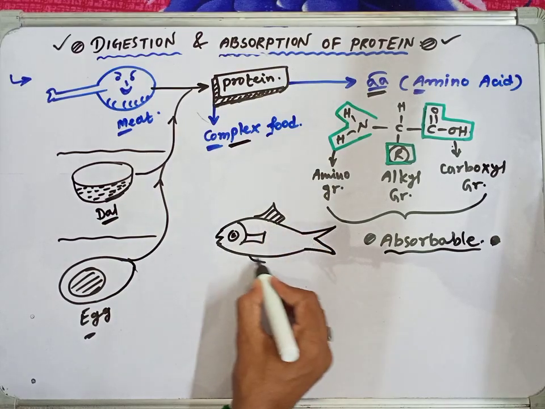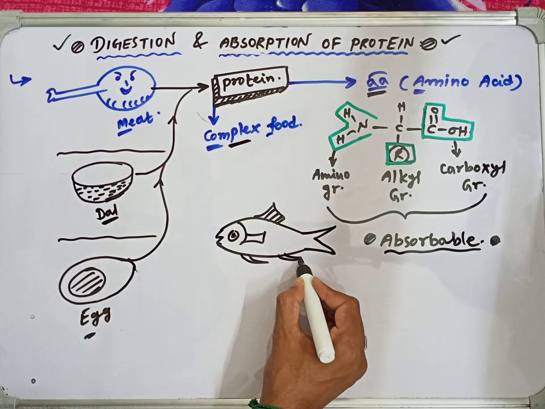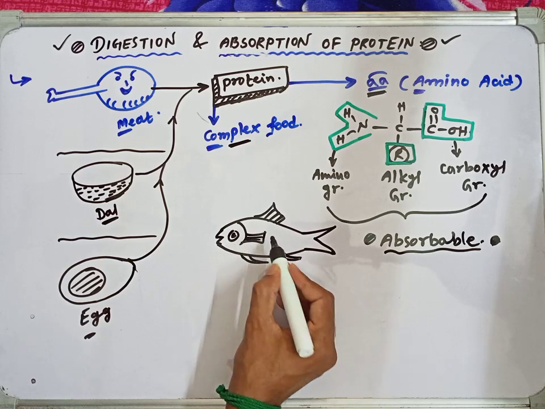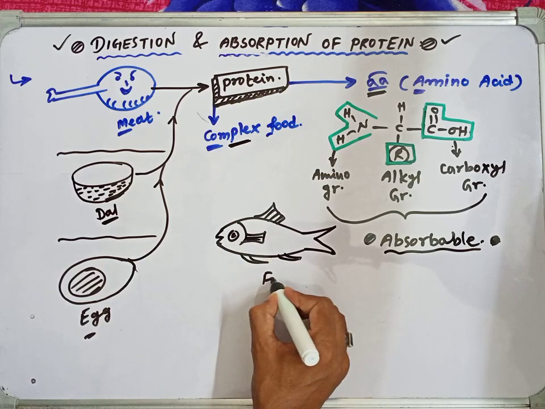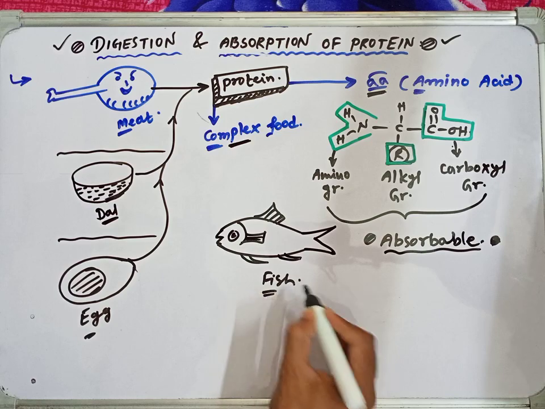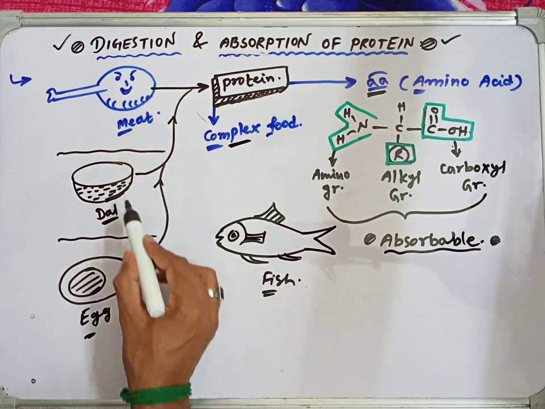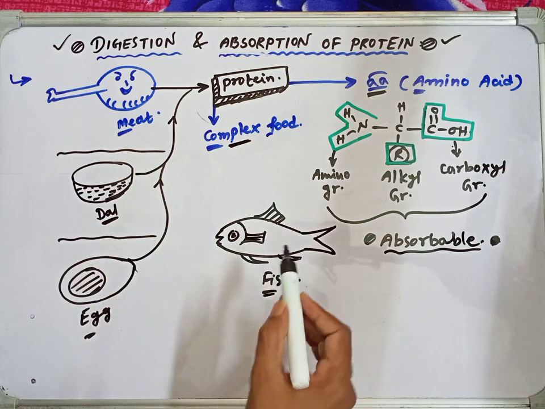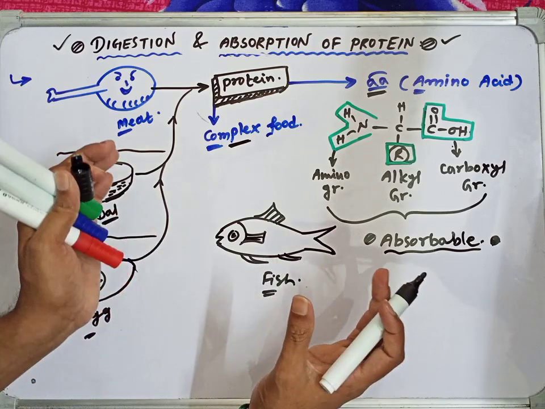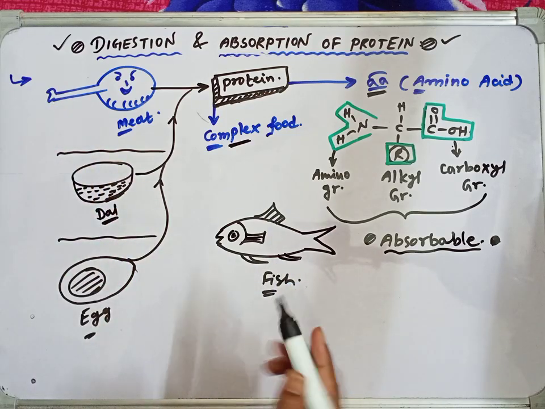Very good. You can easily point out that it is a fish, right? Meat, pulses, egg, and fish contain lots of protein, right?